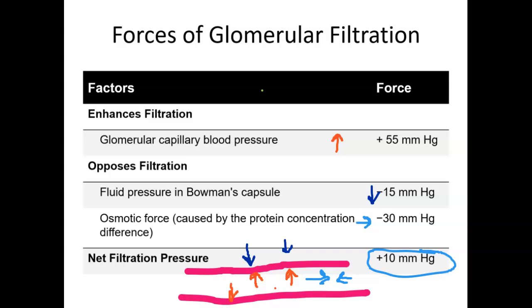Okay, so as long as our fluid concentration stays the same and our blood concentration stays the same, then these things are going to be kind of constant. So our blood pressure is going to play a big role in how much filtration happens at the kidneys.